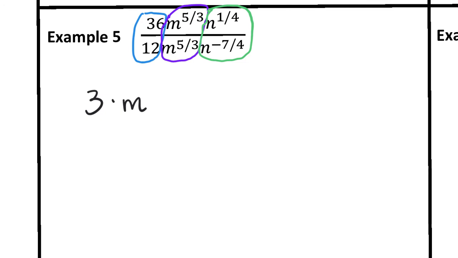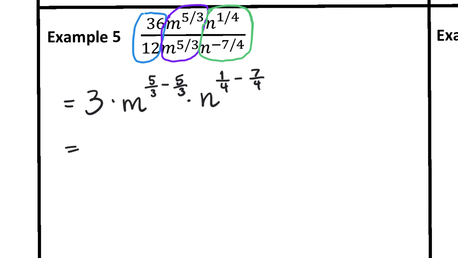So it's going to be 5 thirds minus 5 thirds, right? 5 thirds minus 5 thirds. And then the n's are dividing, so their exponents are going to subtract. So it's going to be 1/4 minus 7/4. Okay, that's what that equals.